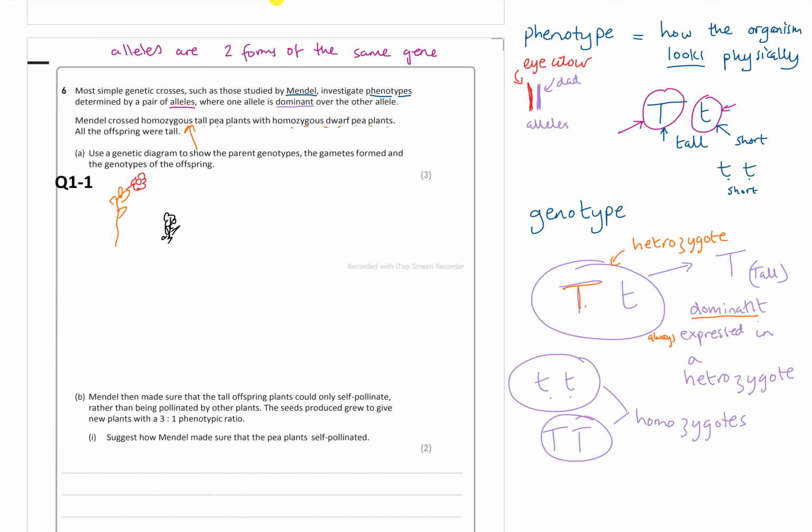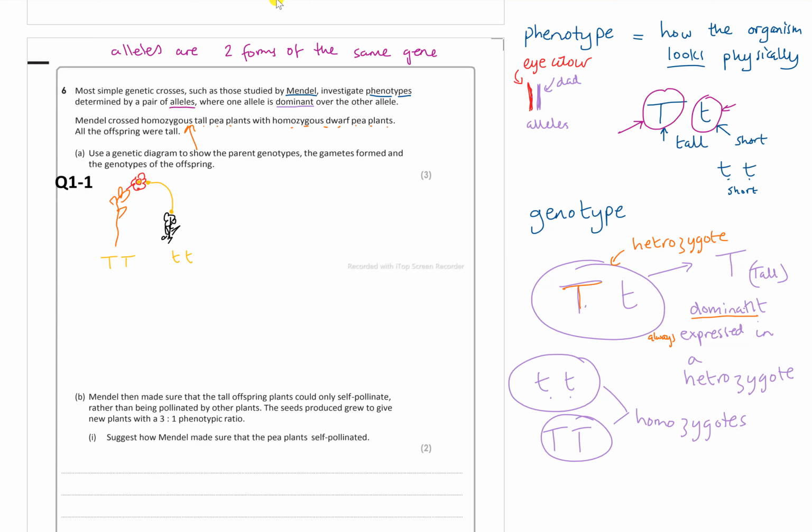So what he did was he took pollen, and all the pollen that came out of that was from tall parents. He took pollen from that and crossbred it with the ovary from there. And remember, he said this is homozygous tall and this is homozygous dwarf.